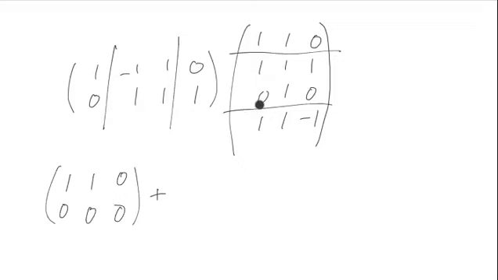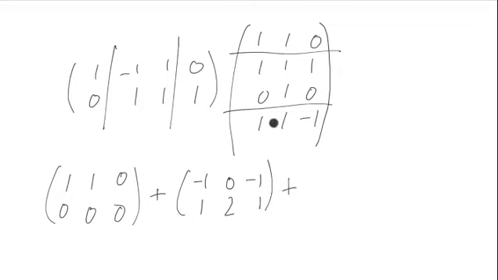So what is the first column of the result? The first column is just 1 times that column plus 0 times that column, right? So it's basically just that column right there, negative 1, 1. Now the next one is going to be just add the two together. So 0, 2. And this one is simply going to be negative 1, 1. Okay, so that's the result from the middles.